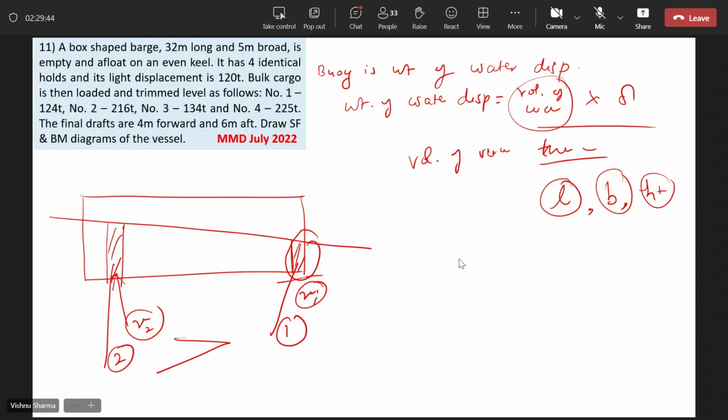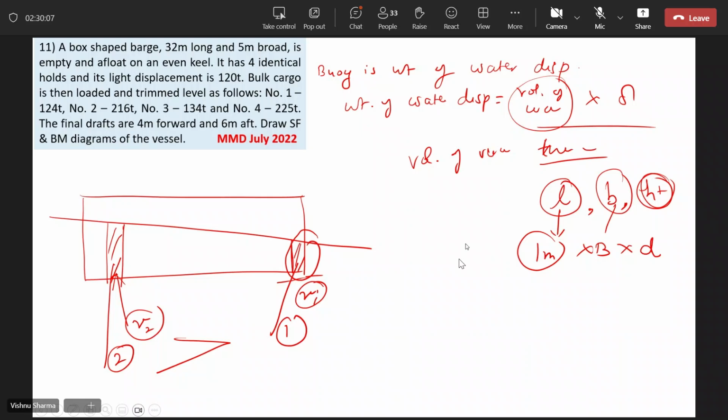When we are saying 1 meter, length is 1 meter. The breadth is the breadth of the ship. What is the height of the underwater volume called, guys? Draft. Is that clear? Yes or no?